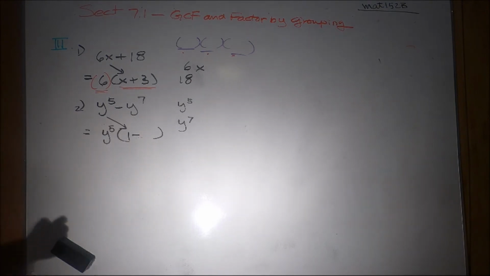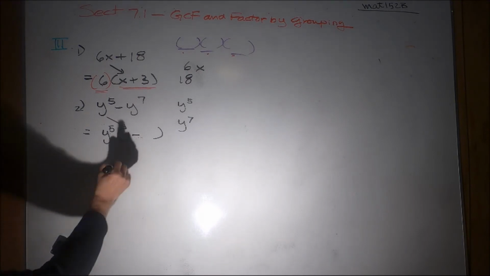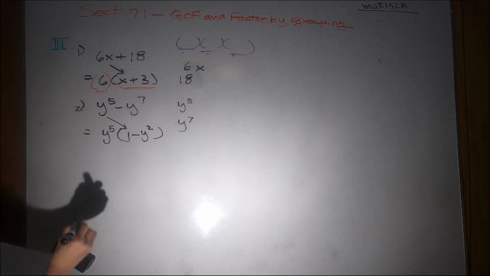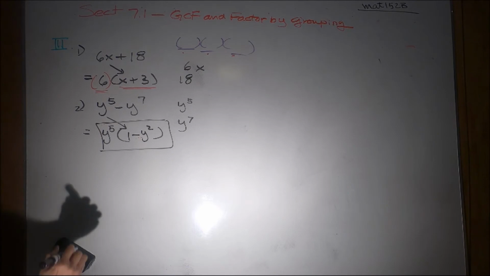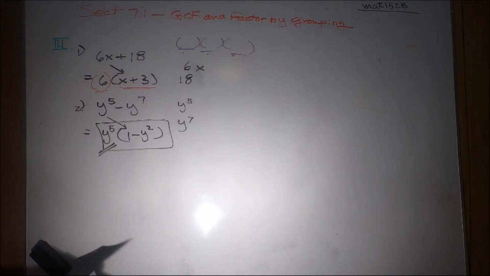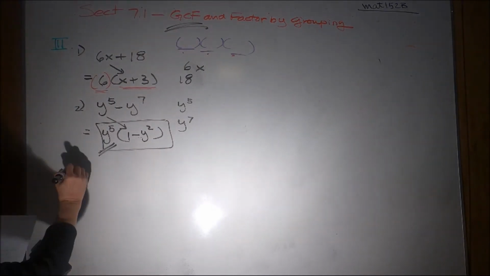Then the minus sign, and for y^7, you take y^5, take away 5 of them, so you have 2 of them left. So that's how we factor it, by taking out the GCF. We always take out the GCF first when we do factoring.